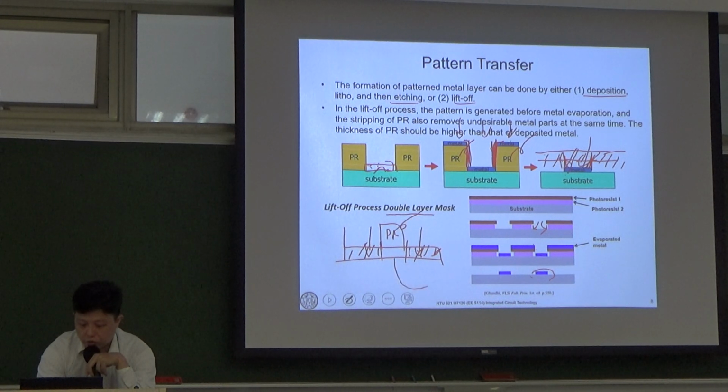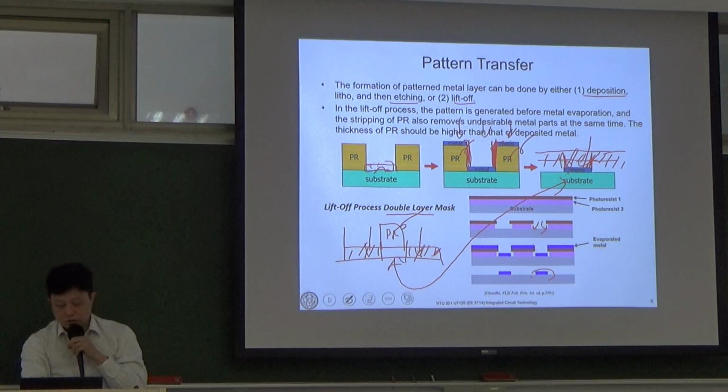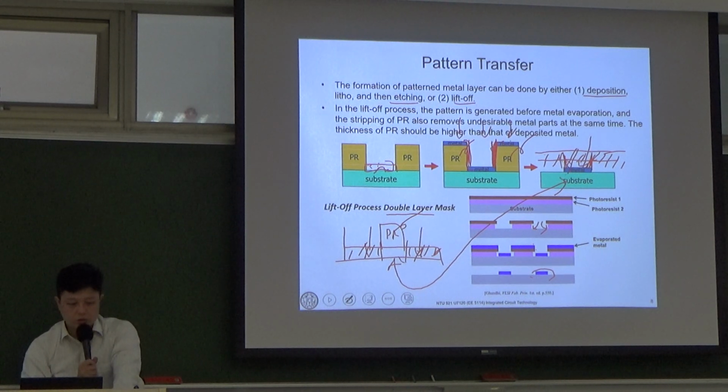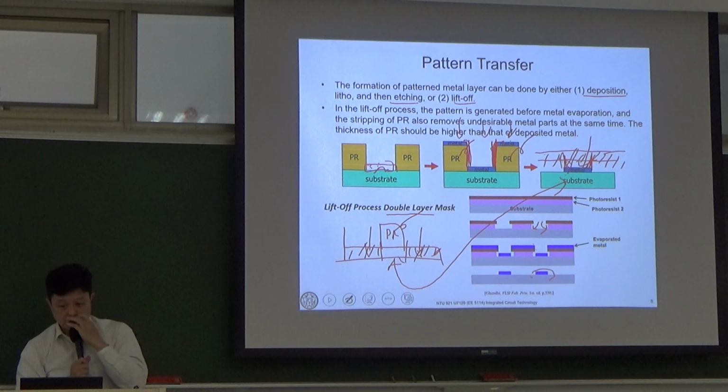So this creates the same pattern as here. So this etch process is more common in our silicon process, in our silicon foundry, instead of the lift-off process. But in some compound materials, compound IC processes, they still use the lift-off process. Okay, so there are different purposes.